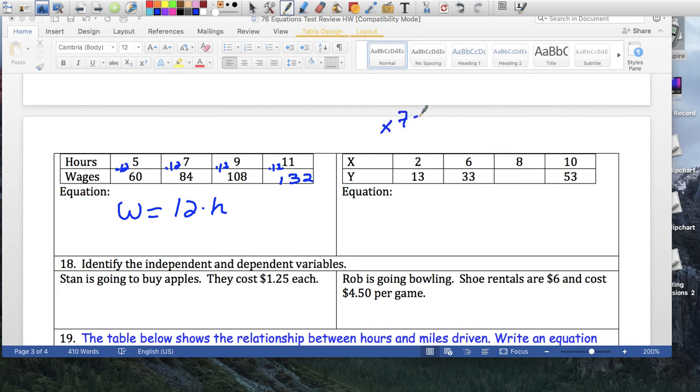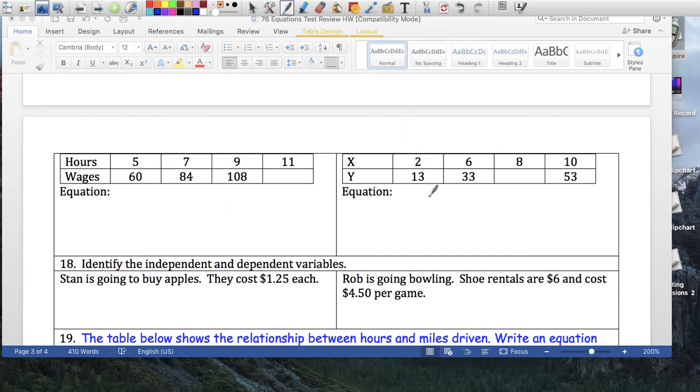Times 7 minus 1. Let's see, times 7 is 42. No. Times 5 plus 3. Okay, got it. This one would be times 5.